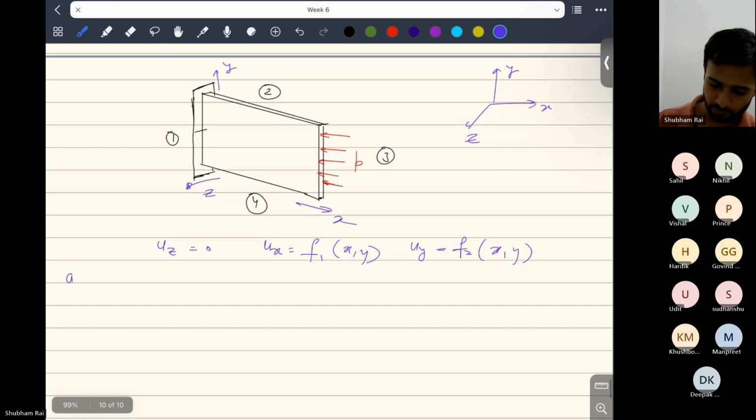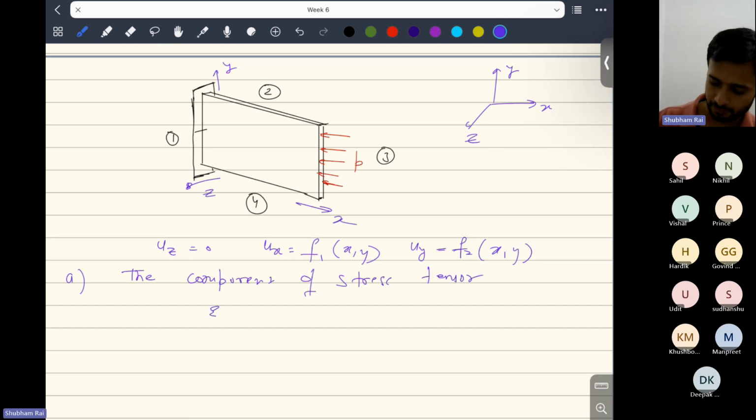So in the first part, you need to find the components of the stress and strain tensor. So I'm just finding firstly the component of stress tensor.